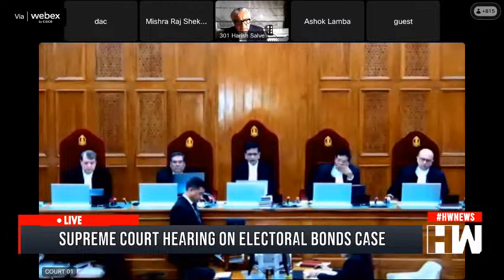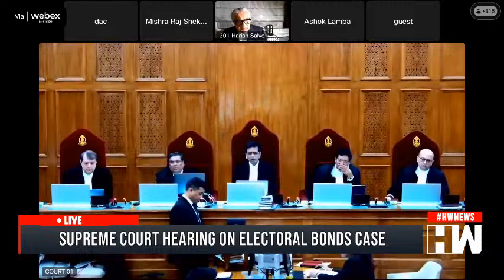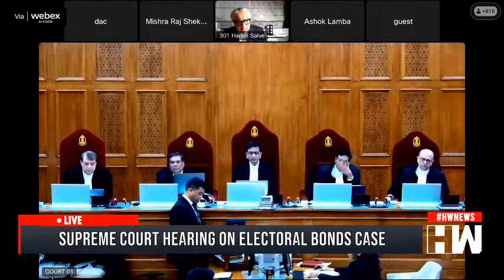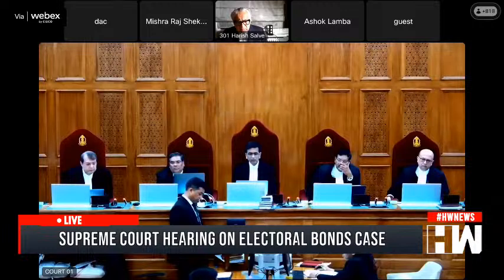Stop. The ECI was directed to collate the information to be submitted by the SBI and publish it on its website by 13 March 2024.